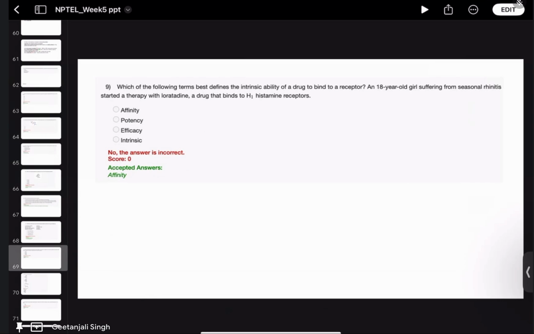So when we talk about how well a drug binds with the receptor, we generally talk about affinity. That's the basic definition of affinity. So the correct answer is affinity.